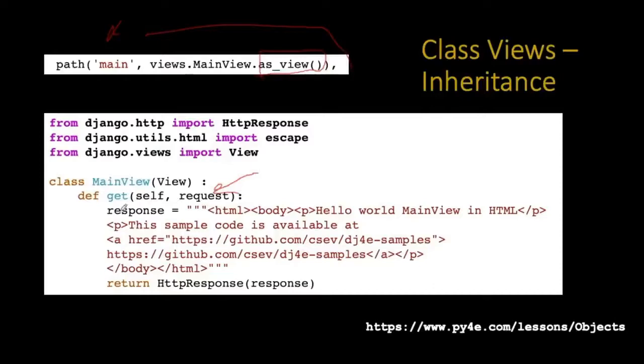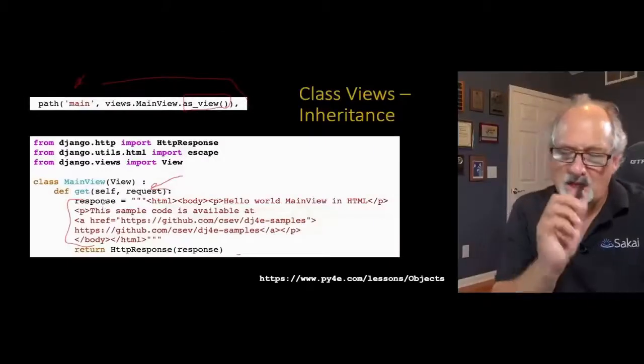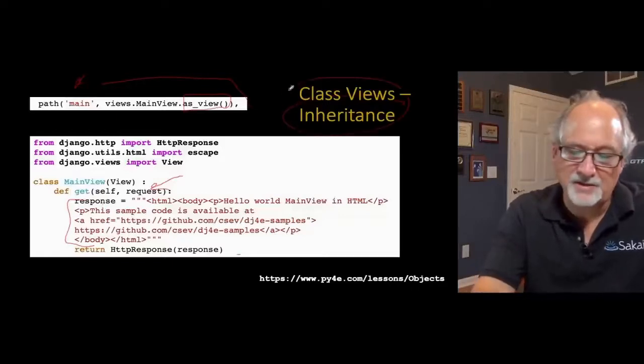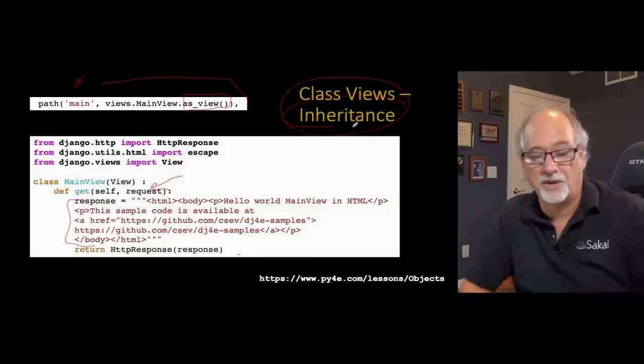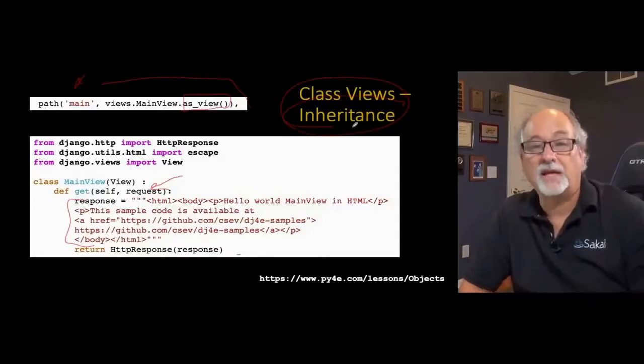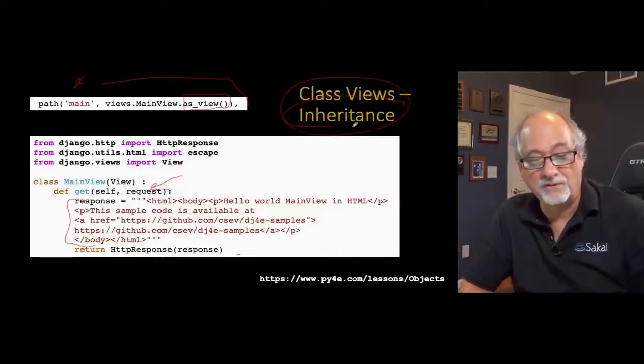And so this one here is just a stock response, and just like the other ones, I return an HTTP response. Now it's like, why this looks a little more complex than the other one. Did the same thing, but it turns out there is tons of things that we can do. And inheritance, the fact it's a class, there are so many things about object-oriented programming that over the next few lectures we're going to really take advantage of this, and we ultimately will rarely write the old school function-based view.